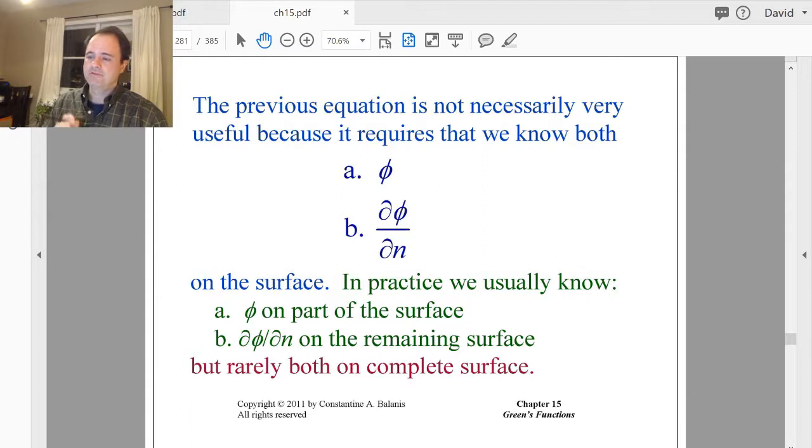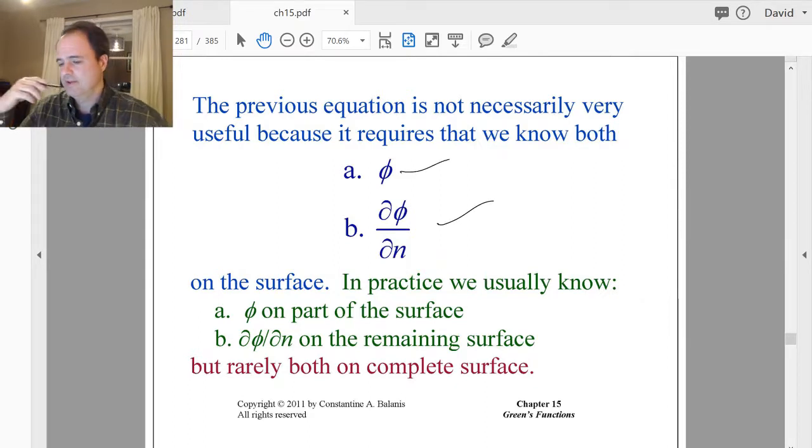The previous equation is not necessarily very useful because it requires that we know both this and this on the surface. In practice, we usually know phi on the surface, or at least on part of the surface. Let's say it's a conducting sphere of some sort, a conducting surface where we ground it, for example, or d phi dn on the surface.